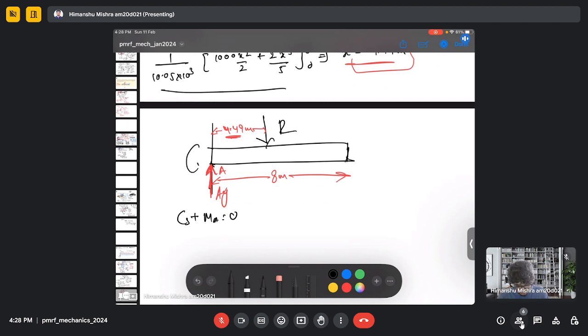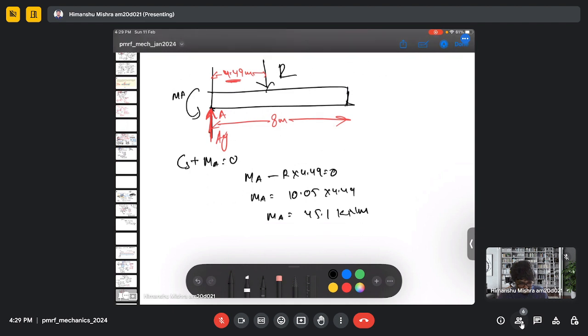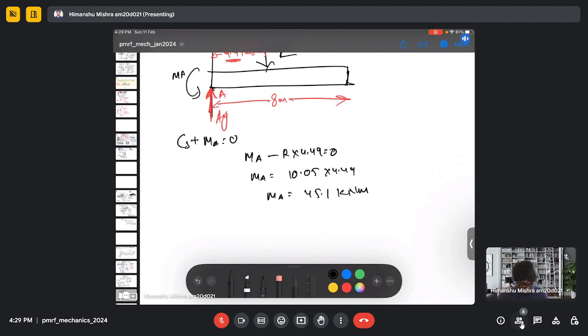So here it is NA minus 10.05 multiplied by 4.49 equal to 0, and my NA will be 45.1 kilonewton. And in order to find the force at A, we need to do the force balance.